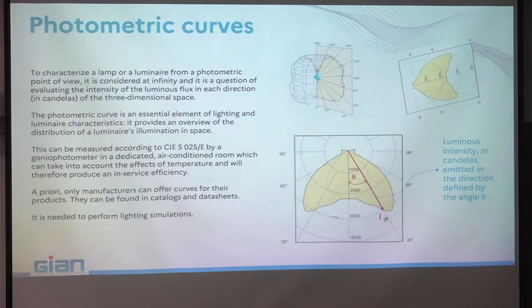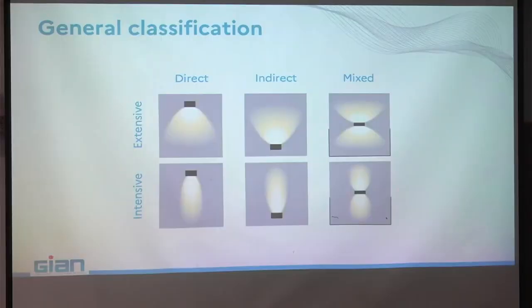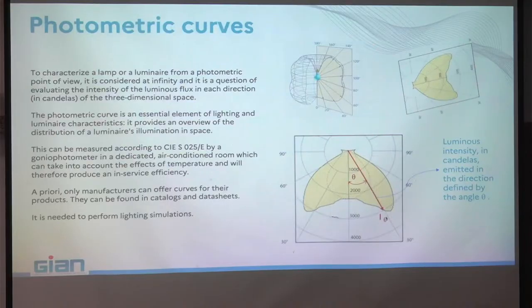How can you define these things better? How can you define the beam shape? We use for that the photometric curves. I remind you that we spoke about that in the second lecture. We can measure that with a photogoniometer, which is a very specific instrument turning around the lamp. Here it is not the lamp, but the global fixture.